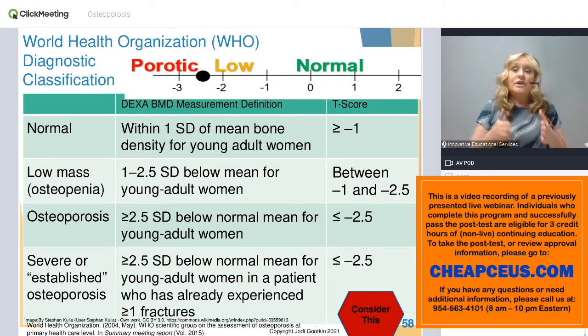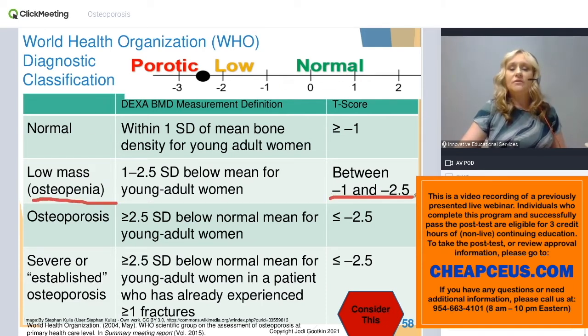Our T-scores look at that comparison to an average 30-year-old with peak bone mineral density. So normal is you're less than one standard deviation away from that normal. So less than 10 to 12% away from that normal. Osteopenia is going to be a -1 to a -2.5.